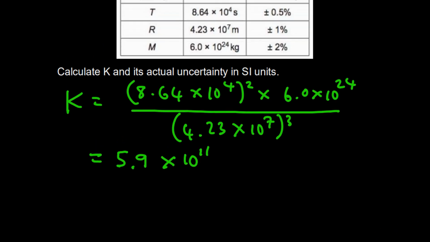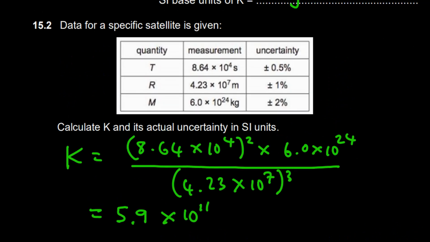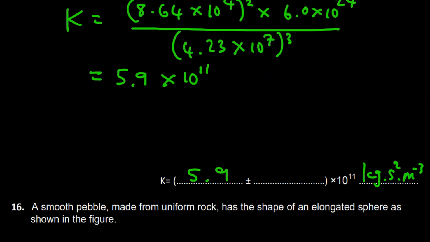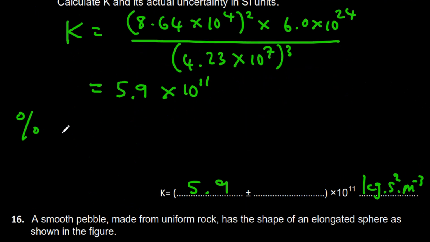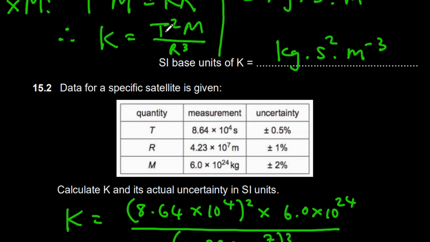Now we can proceed and find the actual uncertainty of K. We're given these percentage uncertainties for T, R, and M. So we're first going to find the percentage uncertainty of K. Now, what's important to note here, if we look at this equation, we're multiplying and dividing.